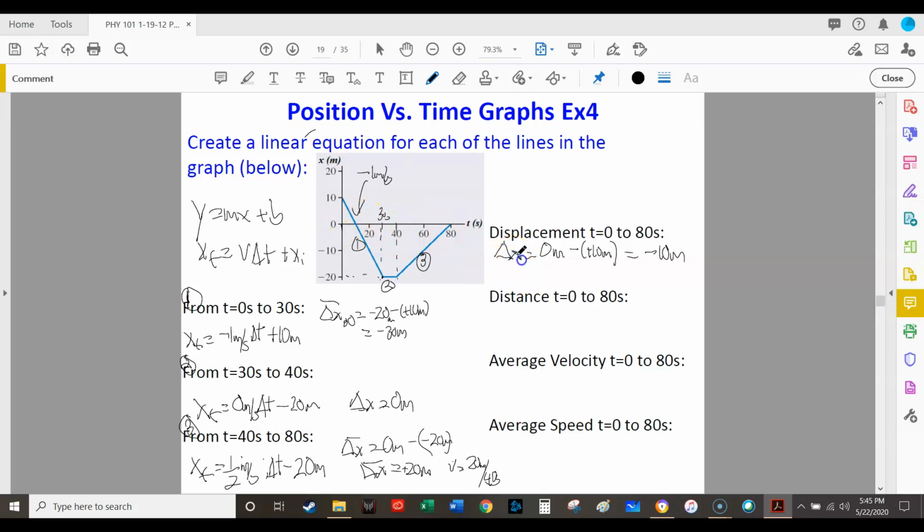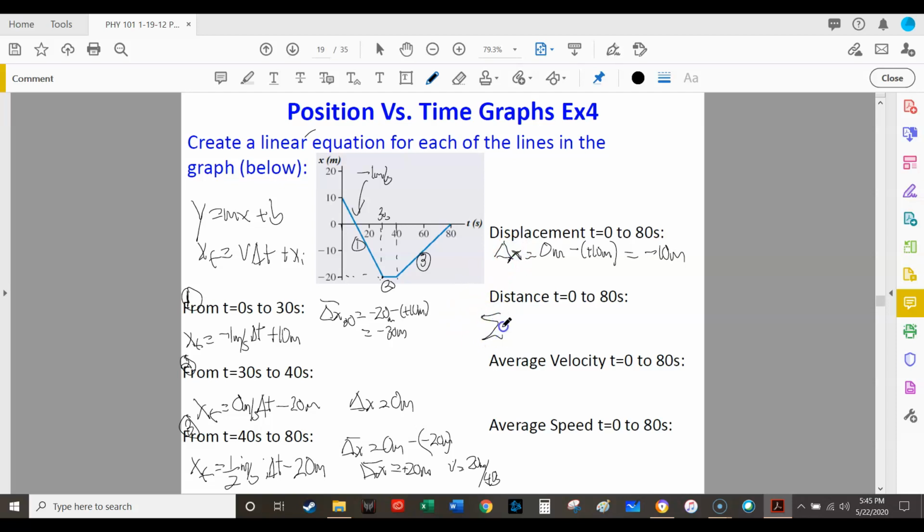So even though its displacement is only 10 meters, its distance traveled, it traveled to the left 30 meters, and then it traveled back to the right 20 more meters. So the total distance traveled now, actually I should just use a sum.